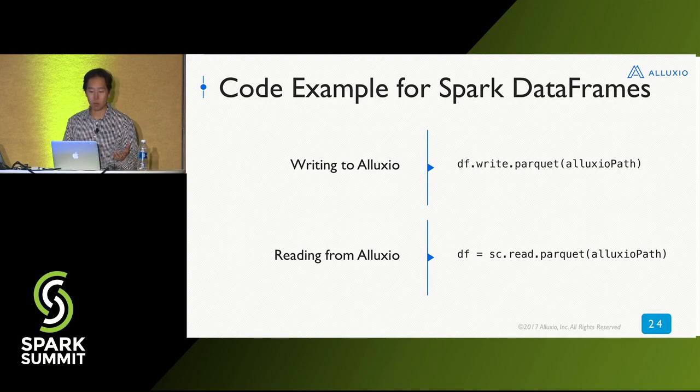In this case, we're writing in the Parquet format. You can write to an Alluxio path in that way, or read from an Alluxio path in that way. It's very simple to integrate with existing Spark jobs, and sometimes you may not even need a code change, just changing a path in the job. So it's pretty simple to integrate Spark and Alluxio.